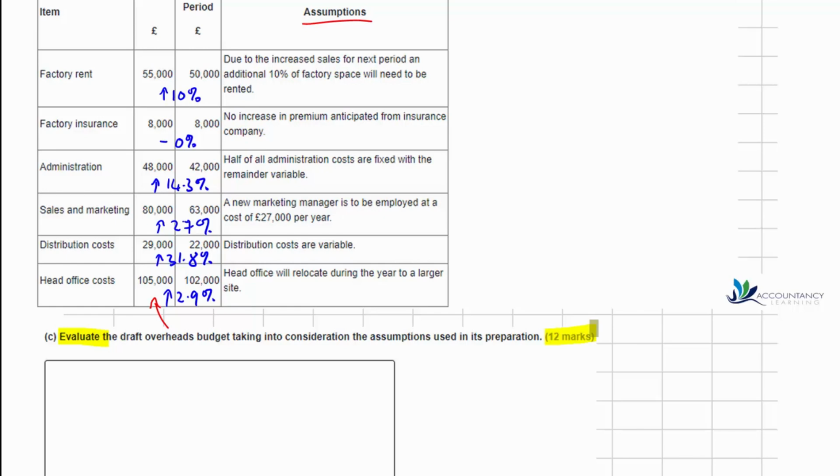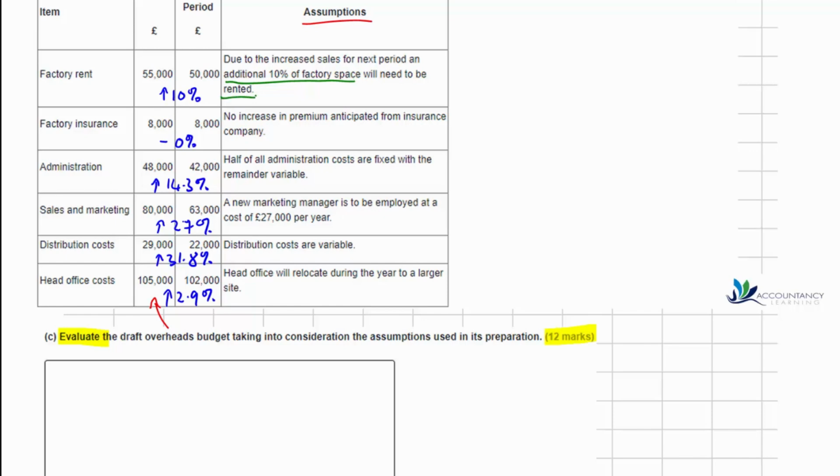It really depends on the nature of the machines that we're using and how much space they take up. Potentially we could increase our production facilities without needing any space, but in this case they're suggesting that we will need some space, and it tells us in the assumptions that they're planning an additional 10% of factory space, and that's going to be rented.